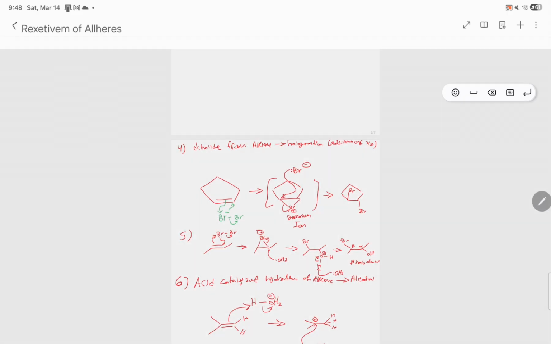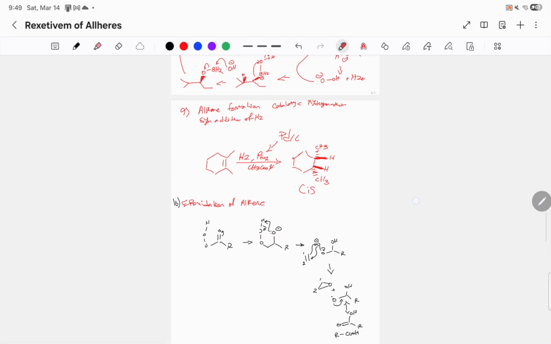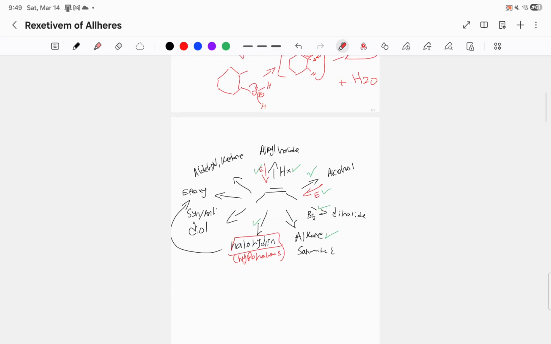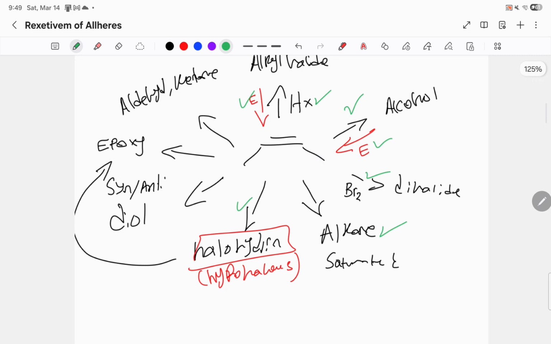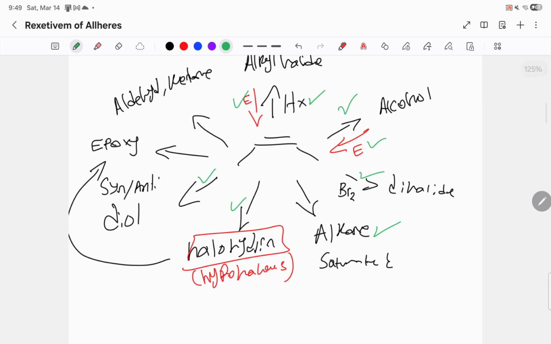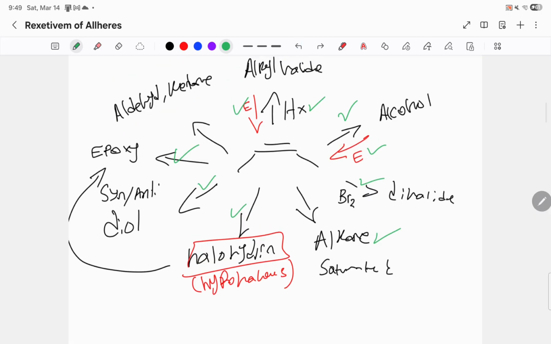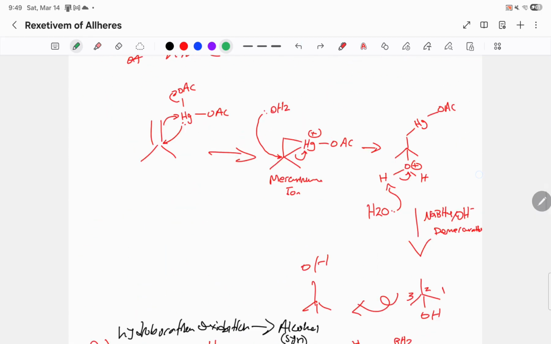We took a look at what we can actually do with these alkenes, right? So we took a look at syn and anti-diols, epoxidations, and finally we're going to take a look at how from an alkene we can make an aldehyde or a ketone.